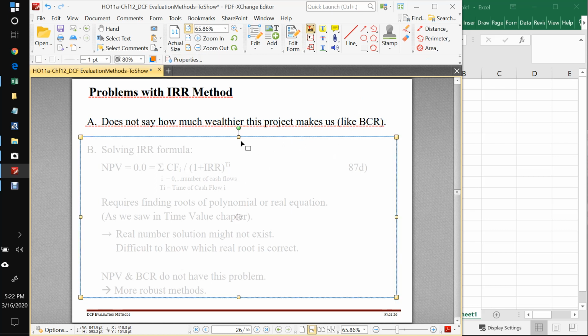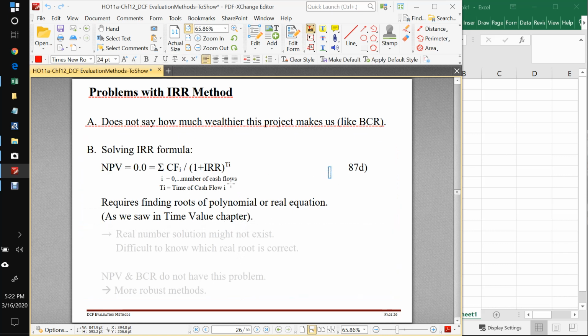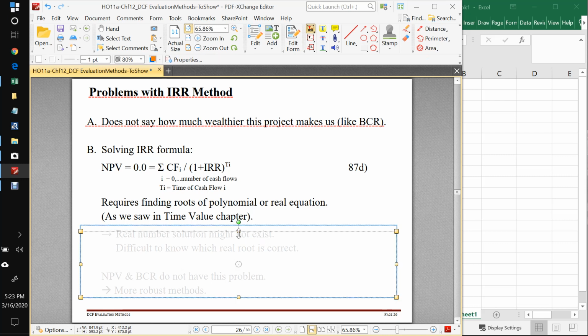But the second one, which is more of a problem, is that we always have to solve this NPV equals 0 equation, and mathematically this means we have to find the roots of a polynomial or a real equation, which we looked at a little bit in the time value chapter.